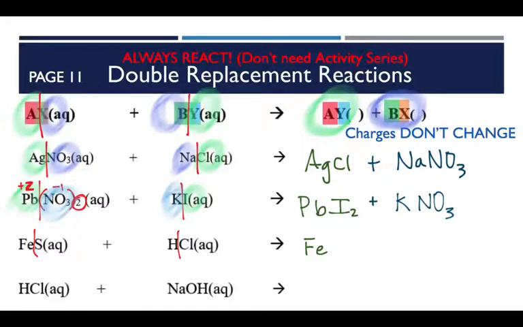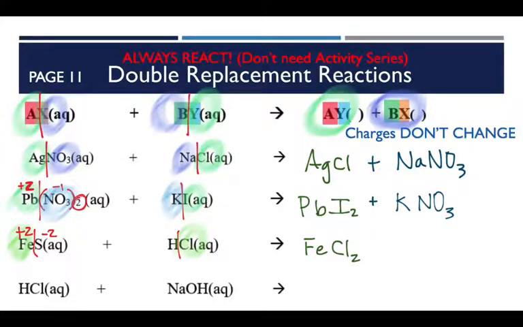I need to highlight my elements so that I can keep my brain on straight. Fe is going to be trying to get with Cl, not with S. But it's starting off with S, so we can use S's -2 charge to help us figure out that Fe is a +2 charge, and it's still going to be a +2 charge over here. So along with chlorine's -1 charge, this is going to become FeCl2.